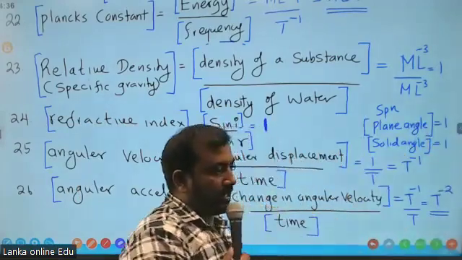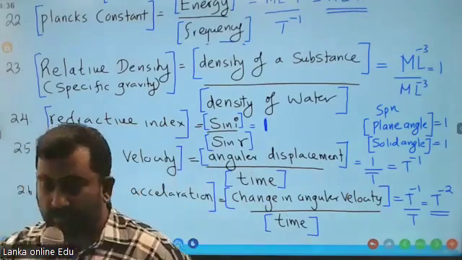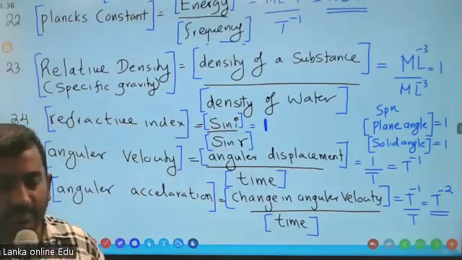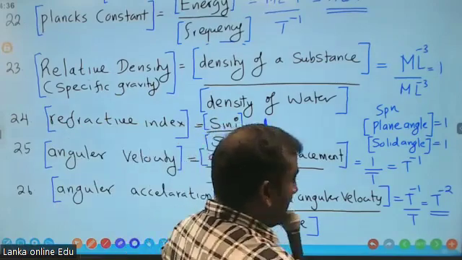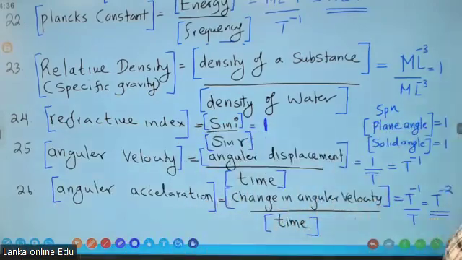Special note. The following quantities have the same dimensions. In point form: first one, speed, velocity.